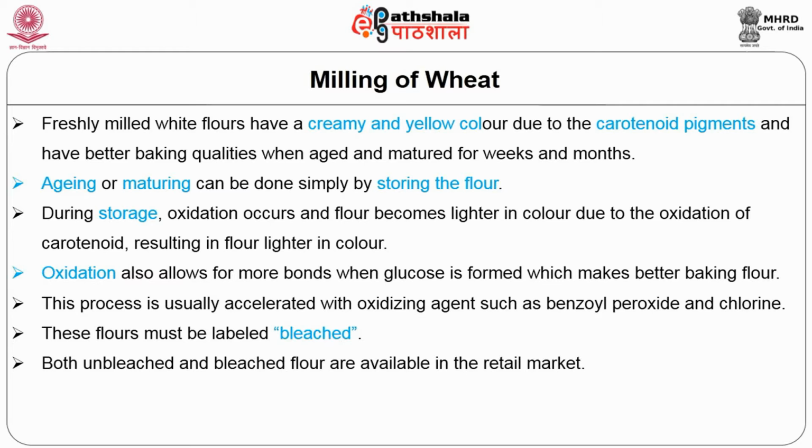So, in that context, the unbleached flour, which is maybe off white or even yellowish, the color is due to the carotenoid pigment which is present, and the vitamin A. Carotenoid is vitamin A. So, therefore, the unbleached flour has definitely a higher nutritive value when compared to the bleached flour or the maida or the refined flour.